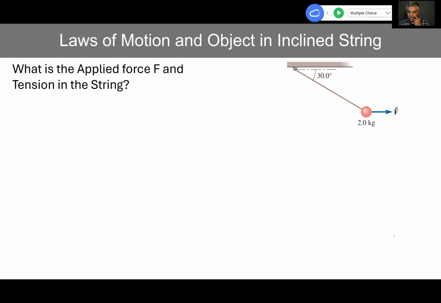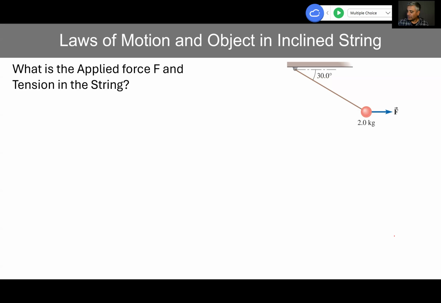So here is another situation. Over there, it was an inclined plane. Now there is an inclined string. Okay, it is an inclined string. Usually an object settles on a vertical string like this. But if we apply a force, for example, like that, then it can stay inclined.